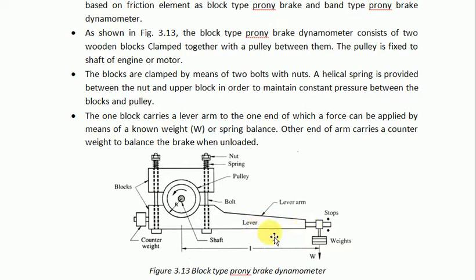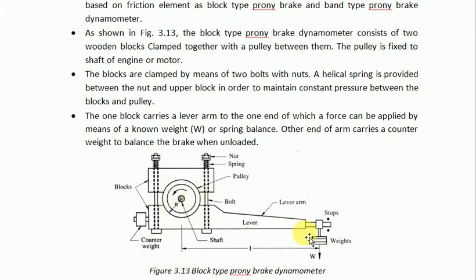Now you can see here some weight is applied. This weight will pull this lever downward and pull the upper block downward. The rotation is anti-clockwise, so whatever friction is generated will be opposite to this motion.